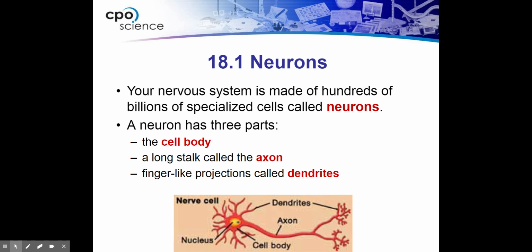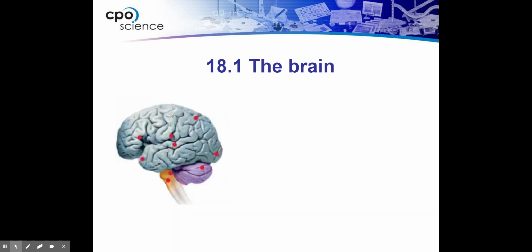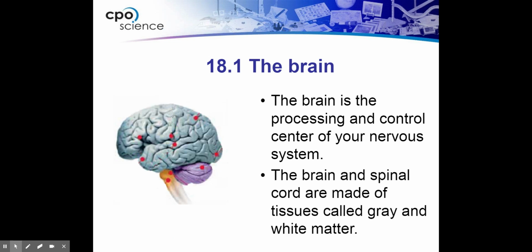So that neuron's broken up into three parts: the cell body, the axon, and the dendrites on the outside of it. Here we have your brain. This is what allows you to move, regulate your body, pretty much everything else that your body goes through. We learned in the homeostasis gizmo that the brain is responsible for regulating your body.